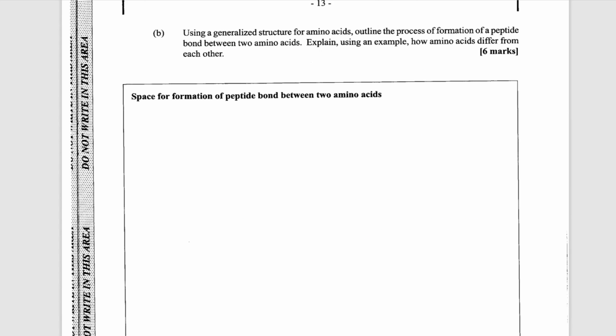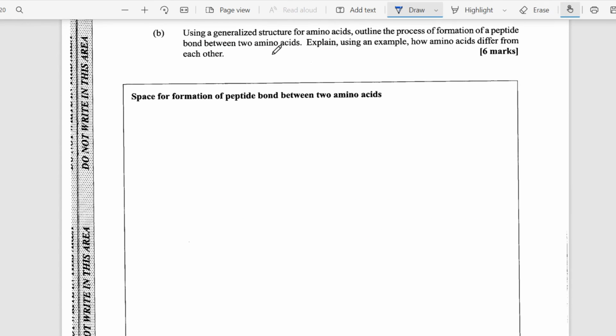Alright, so they say, using a generalized structure for amino acids, outline the process of the formation of a peptide bond between two amino acids. Explain, using an example, how amino acids differ from each other.